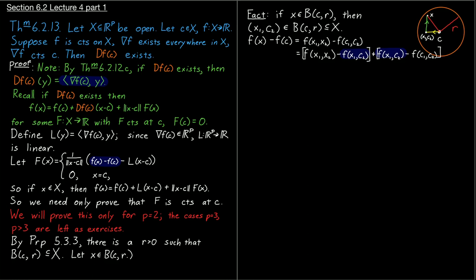And in fact, along these intervals from C to x1, c2 to X, those are also in the ball centered at C of radius R. And remember, f is continuous and the derivatives along the coordinate axes all exist. So we can apply the mean value theorem.